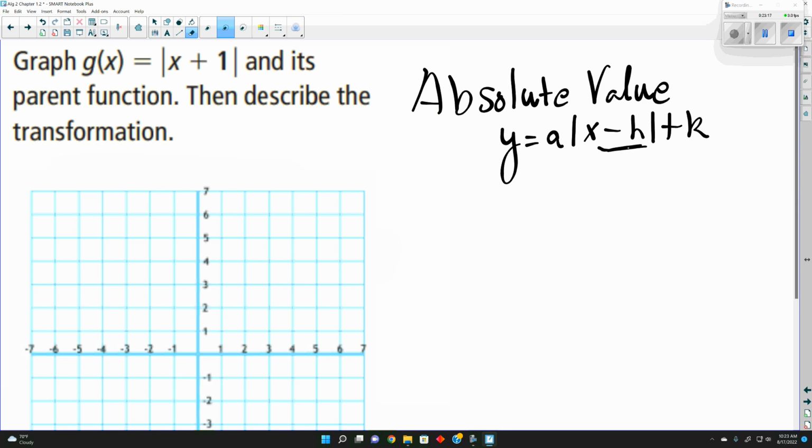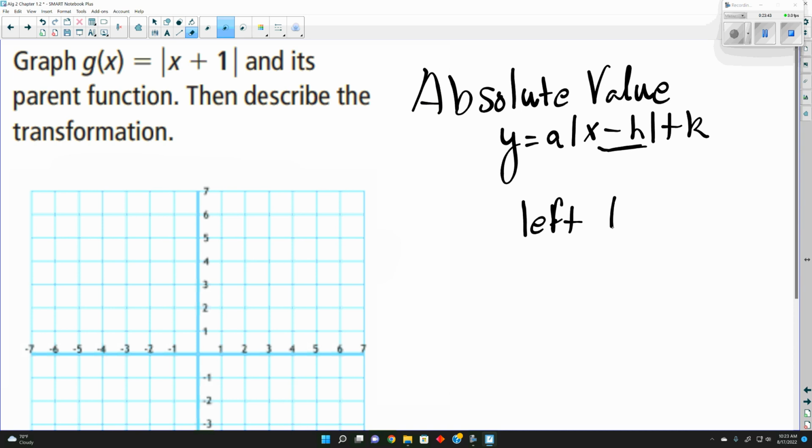So how far is it moving, left or right? 1. Now, is it moving to the right or to the left? Almost. Yes. Now, it is positive, yes? But what's it over here in the function?